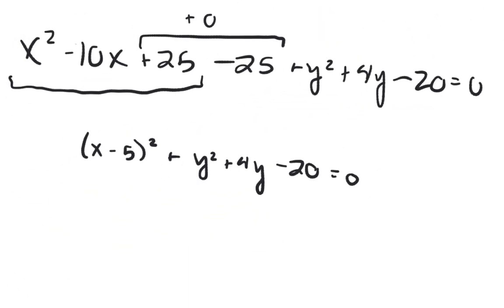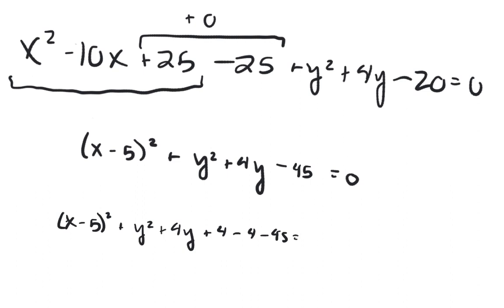Oh, sorry, this should be 45. Kind of similar to what we had earlier. Here, (x minus 5) squared is going to stay, plus y squared plus 4y. Then we're going to have a plus 4 minus 45 is equal to 0.